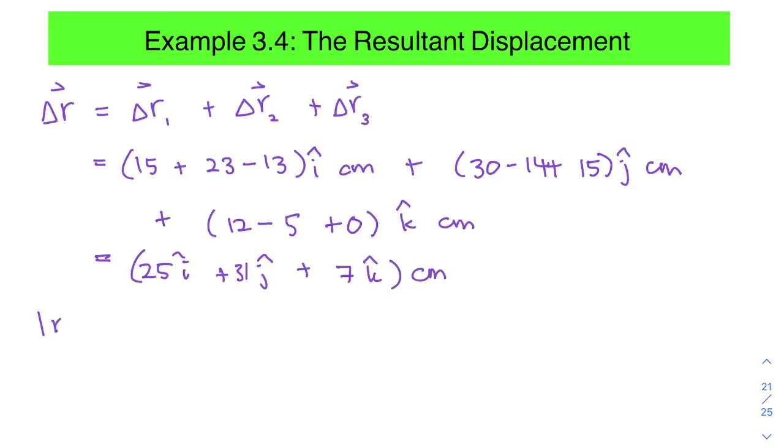To figure out the magnitude of your R there, okay, it's by using Pythagoras. The delta Rx squared plus delta Ry squared plus delta Rz squared.